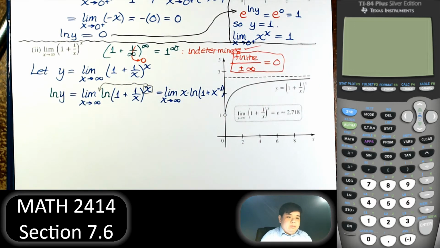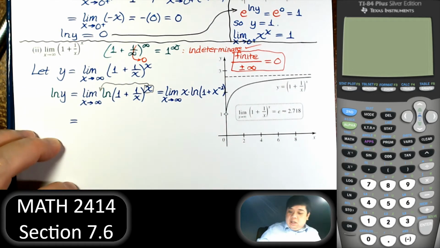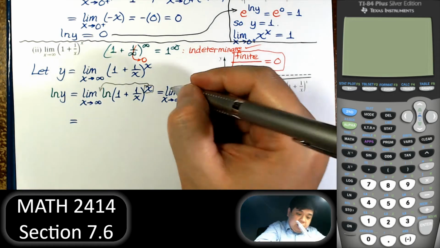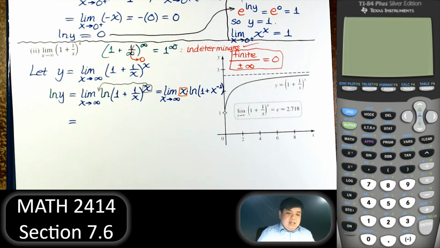Right, so indeterminate check. We should be using the L'Hopital rule, but the L'Hopital rule requires a fraction. So just like what we did earlier, the x here moves to the bottom and becomes x to negative 1.